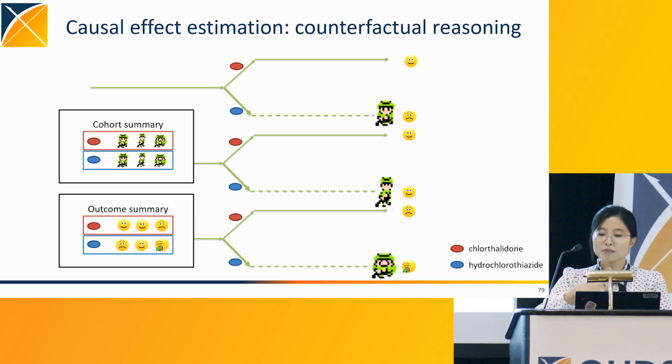If we summarize their outcomes in those 2 parallel universe treatment options and look at the differences in their outcomes when we vary the treatment, then that difference reflects some sort of causal effect when we try to compare which drug could be better for the patients.